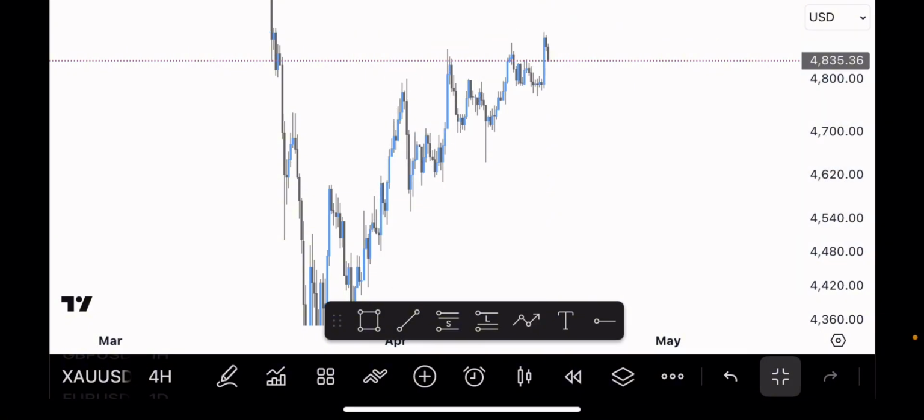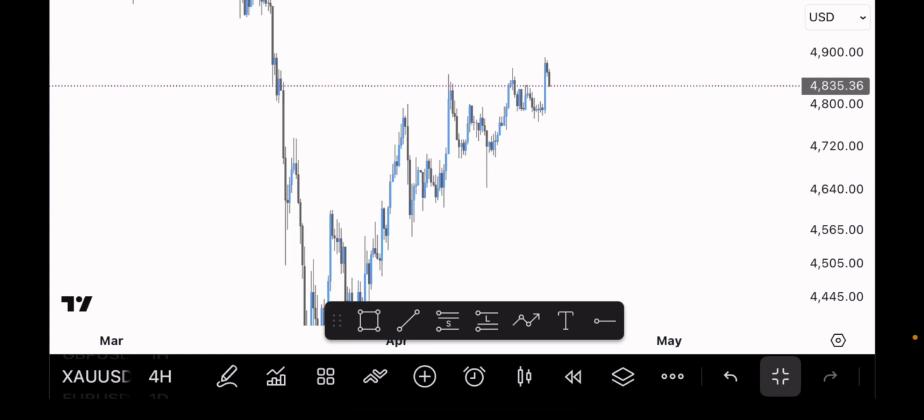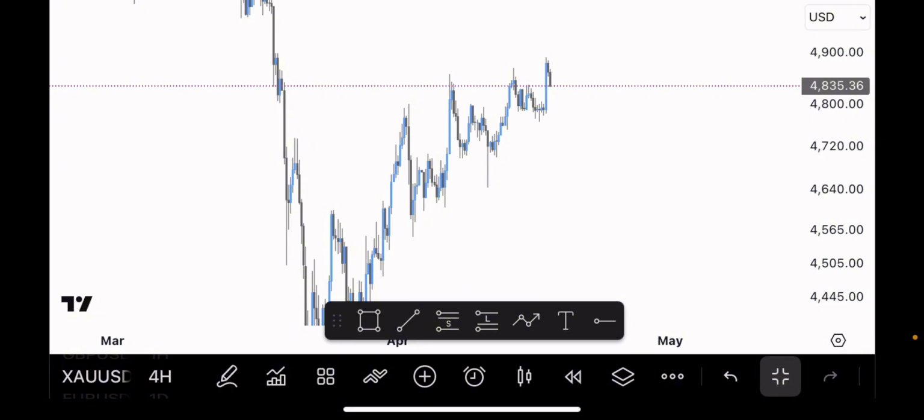So previously the market was in an uptrend. So we are going to be buying on a support. Once the market is in an uptrend, we are only focusing on the support level because it's the place where we are going to enter the trade.